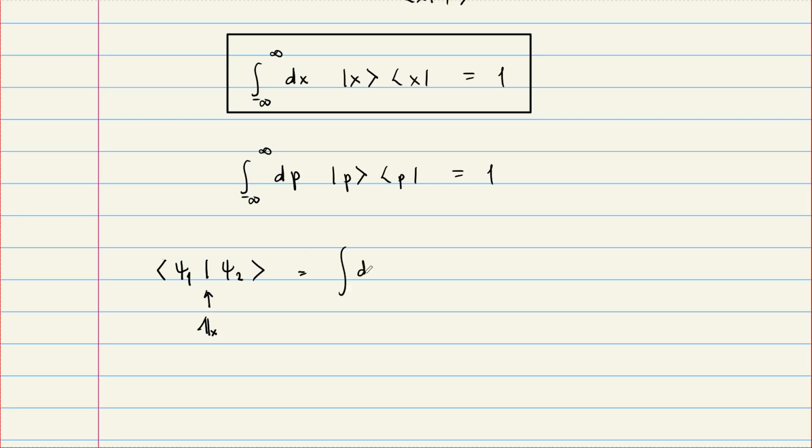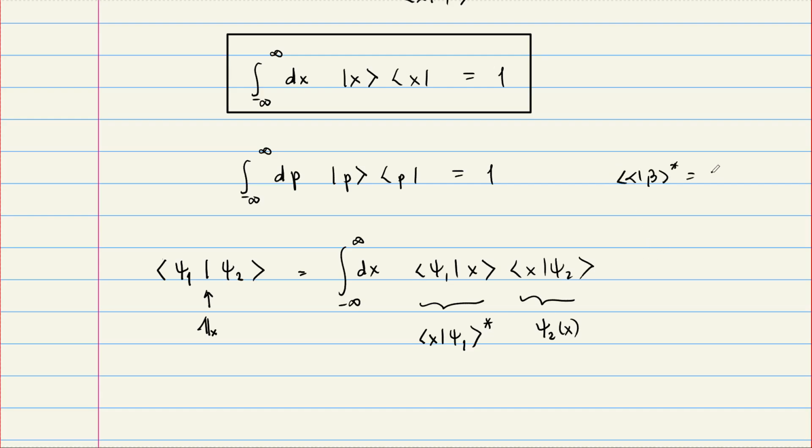This is going to be the integral dx from minus infinity to plus infinity of ⟨psi1|x⟩⟨x|psi2⟩. This thing is what we define to be psi 2 of x, because this is the expansion coefficient, which is the wave function. And for ⟨psi1|x⟩, we can use the complex conjugate of ⟨x|psi1⟩, since for any alpha, beta, ⟨alpha|beta⟩ is the complex conjugate of ⟨beta|alpha⟩.